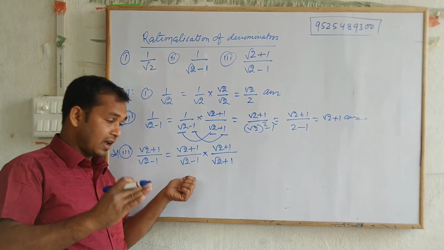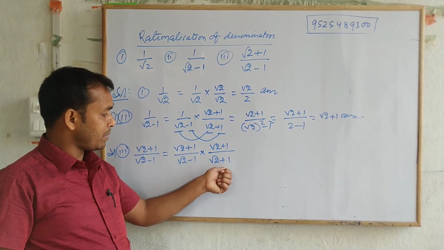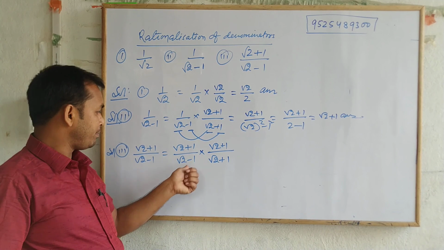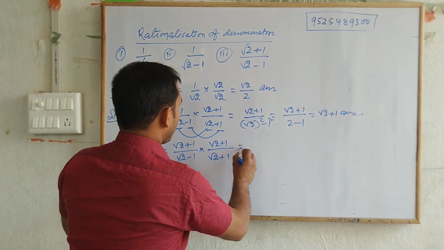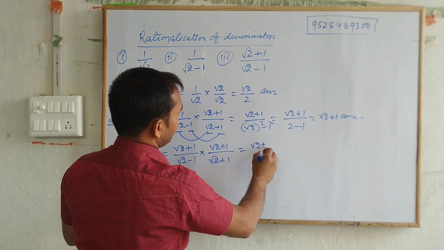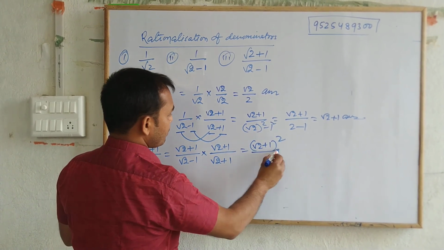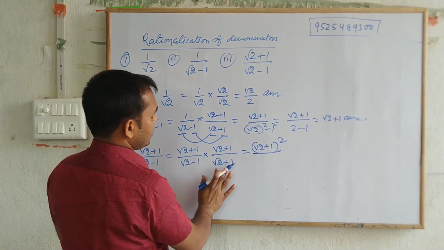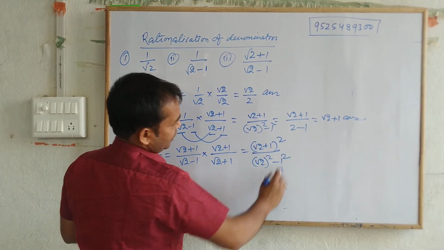Once again I am telling you, if the term is in minus, then we must multiply by the plus symbol. If it is plus, then we must multiply by minus. So here a plus b, a plus b, so here it will be a plus b whole square, root 2 plus 1 whole square, by a minus b into a plus b, so root 2 square minus 1 square.